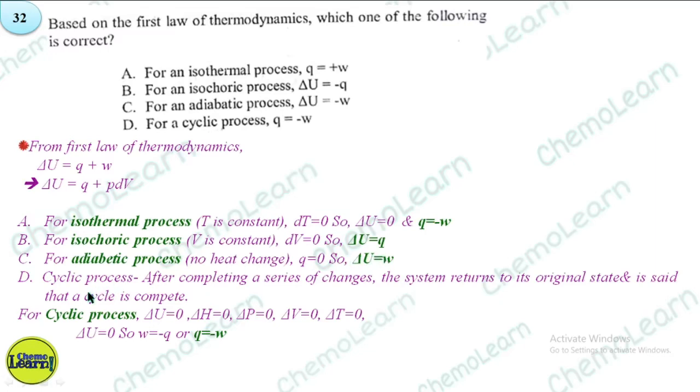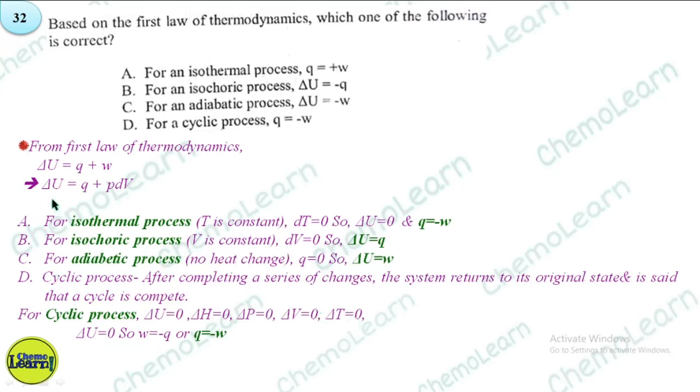For a cyclic process, what is a cyclic process? After completing a series of changes, the system returns to its original state, and it is said that a cycle is complete. So, for a cyclic process, delta U equals 0, delta H, that is enthalpy, equals 0, delta P equals 0, delta V equals 0, delta T equals 0.